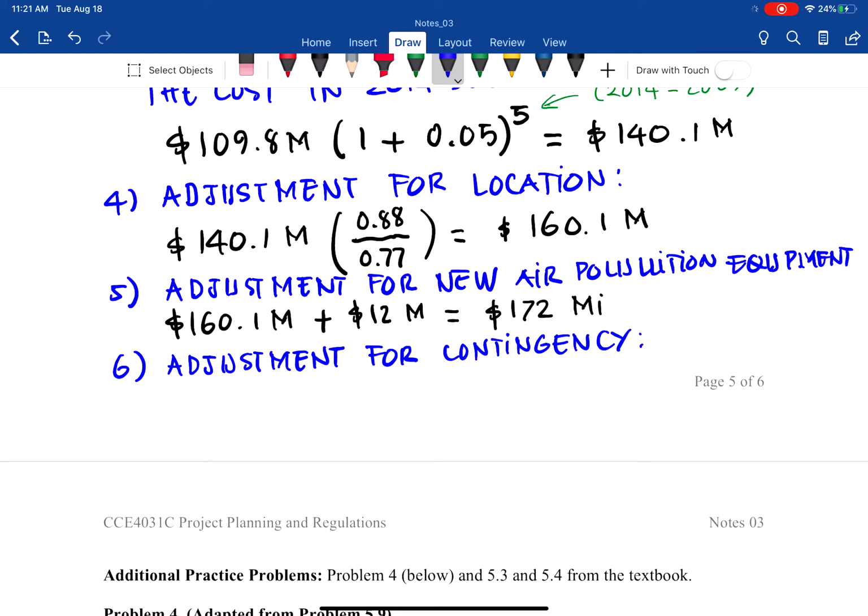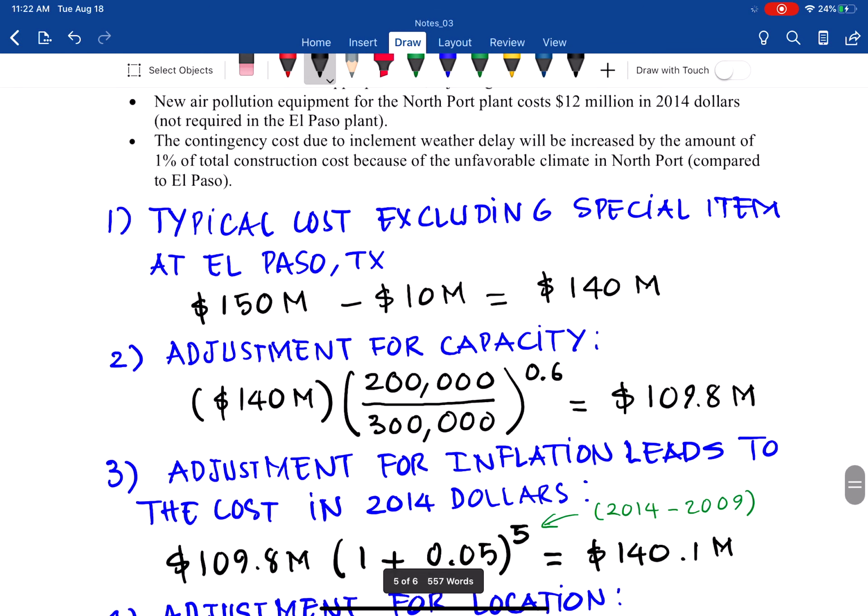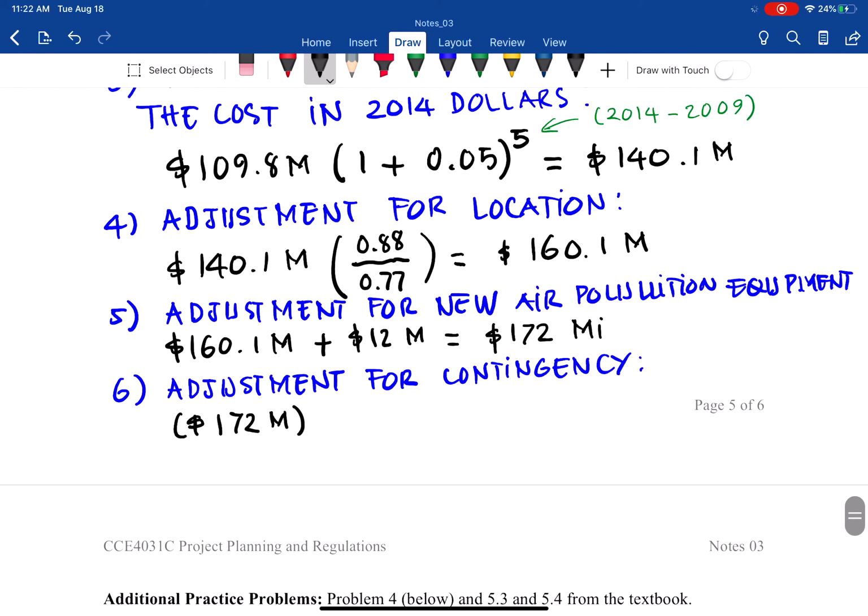That will be the last thing we do. 172 million, and the contingency is 1% of the cost, so 1.01 times that, which will be 173.8 million.